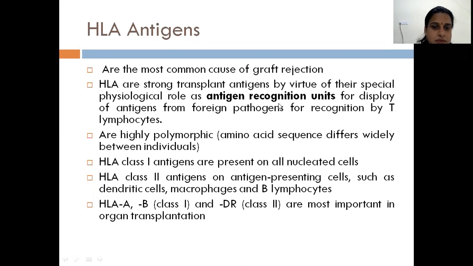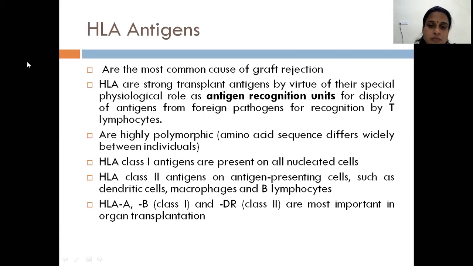Quick revision. To remind you all, these HLA antigens are the most common cause of graft rejection. So what exactly are these HLA antigens? There are two different classes of antigens under the histocompatibility complexes, which are strong transplant antigens by virtue of their physiological role as antigen recognition units for the T lymphocytes.